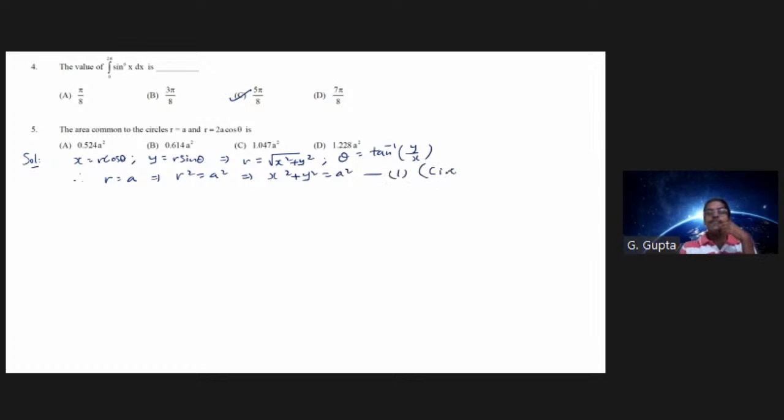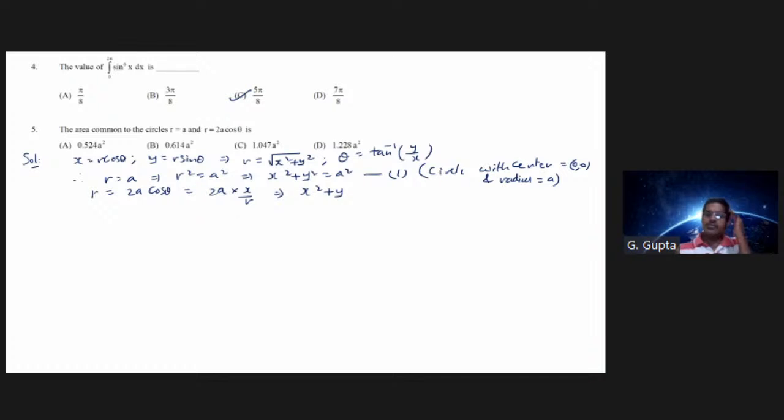Circle with center at origin 0, 0 and radius equal to a. Now r is equal to 2a cos theta, which is nothing but 2a into x by r, which simplifies to r square is equal to 2ax.